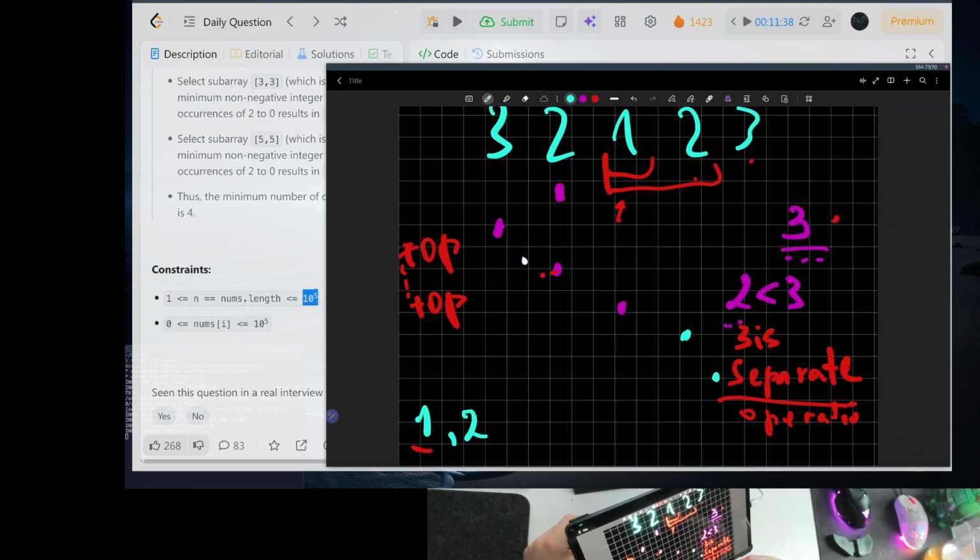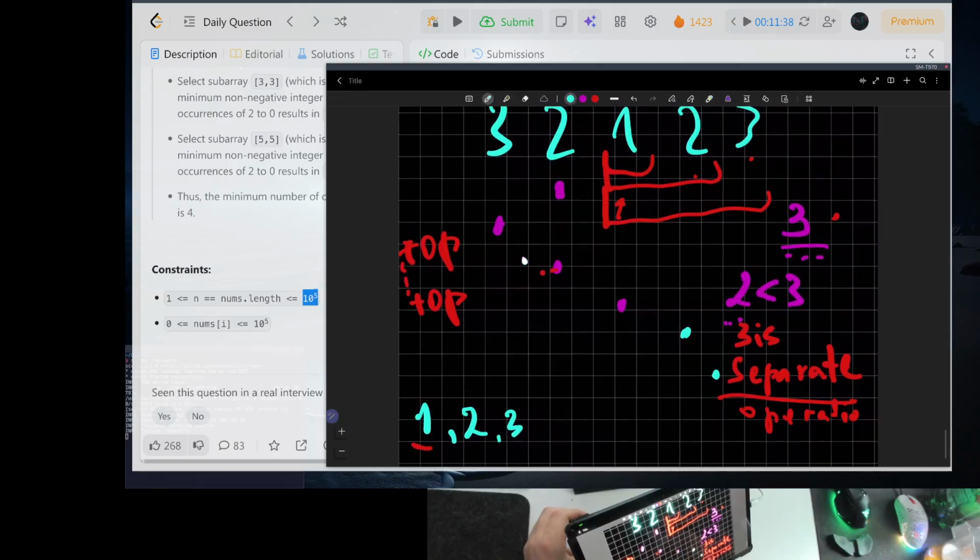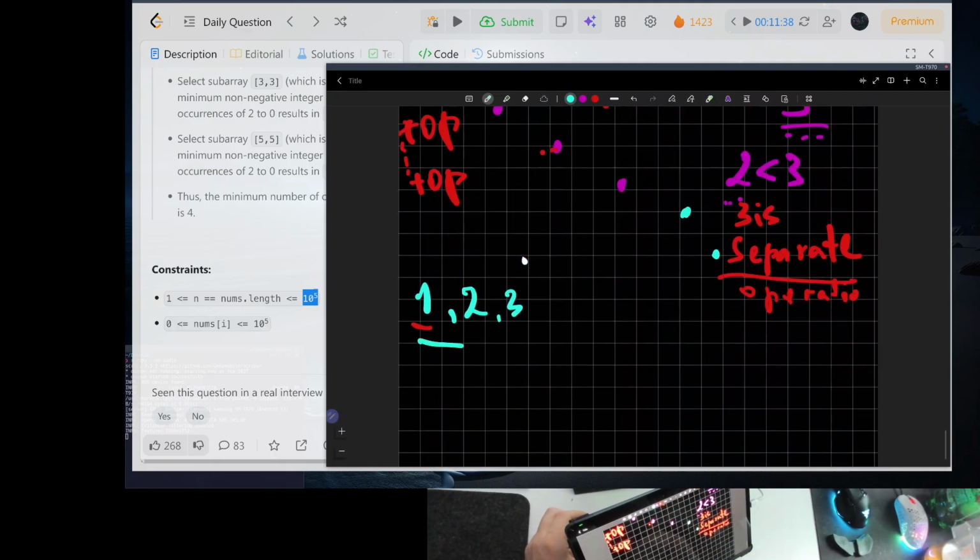So we visit number 3, and we see that the number 3 is bigger, and we still have to pick the number 1 as a separate operation. So let's put the 3 into our memory, and then we finish our array. We have to pick 3 separate operations: for the 1, then for the 2, and then for the 3.